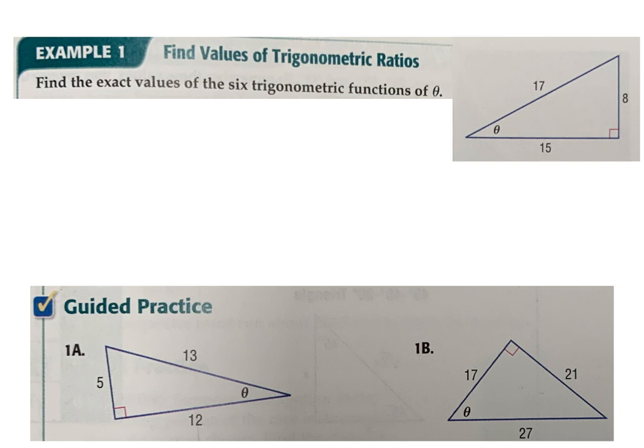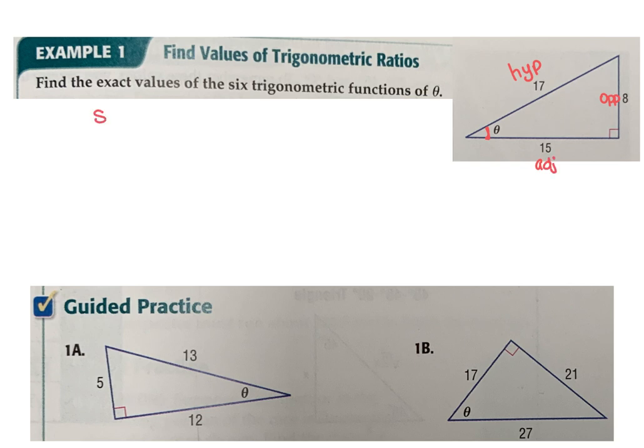So since we have theta, we are going to label our triangle. The hypotenuse is easy. It is always opposite my right angle. If this is my angle, my opposite side is going to be the 8, and my adjacent side then is going to be the 15. All right?